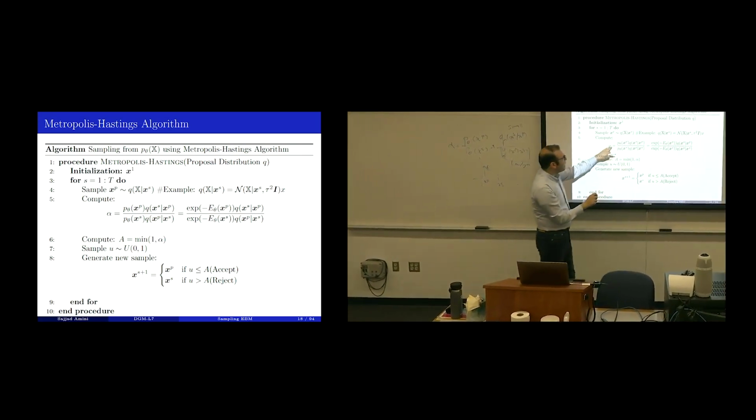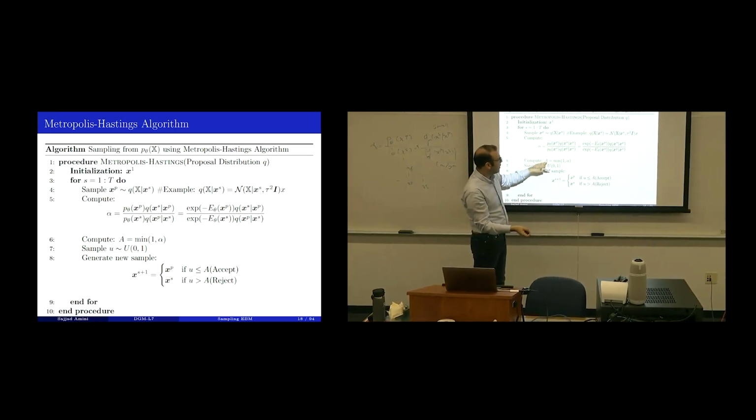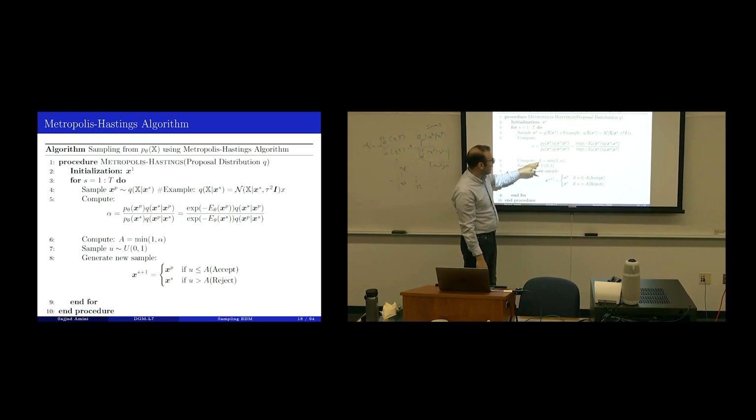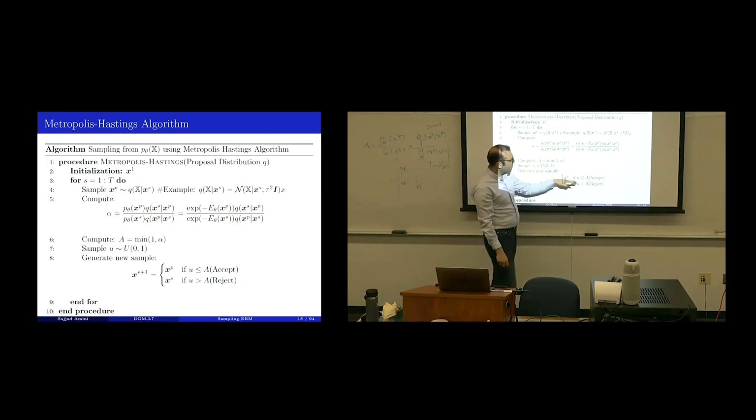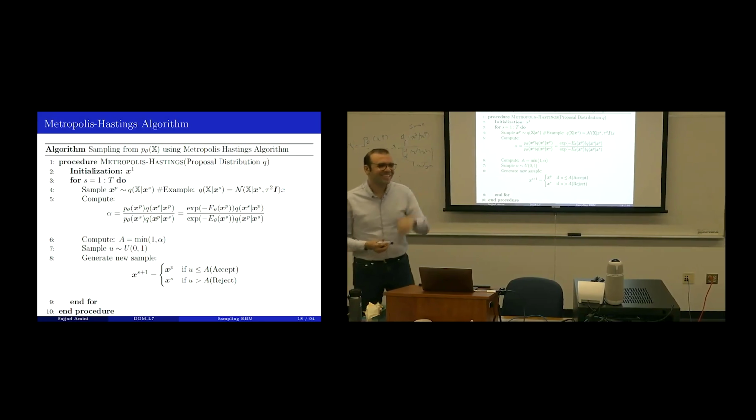Then you calculate a value of alpha. This value may be more than 1, then it is clipped to 1, generating uppercase A. Then based on the value of A, you accept or reject the proposed sample. Does it make sense?